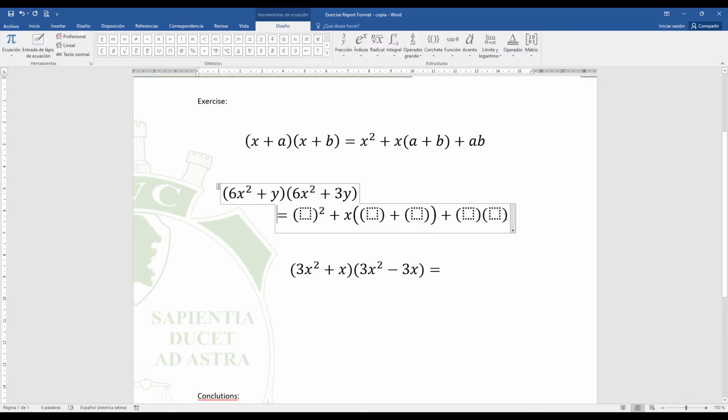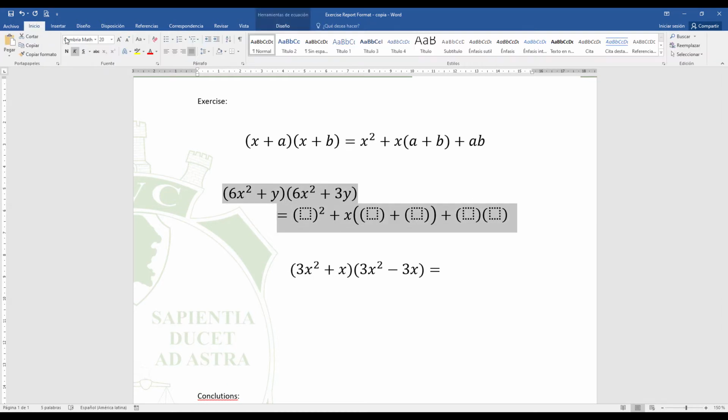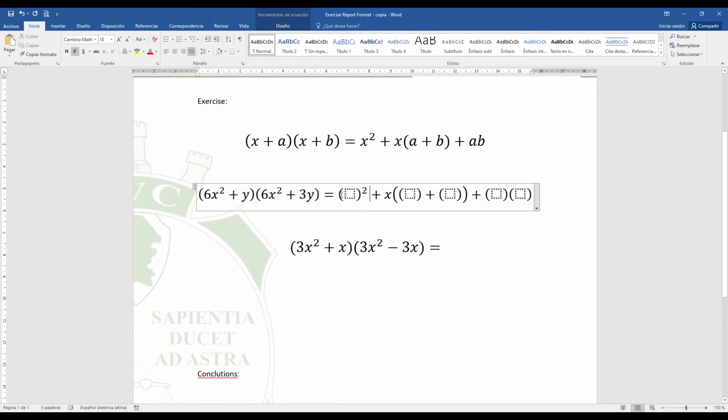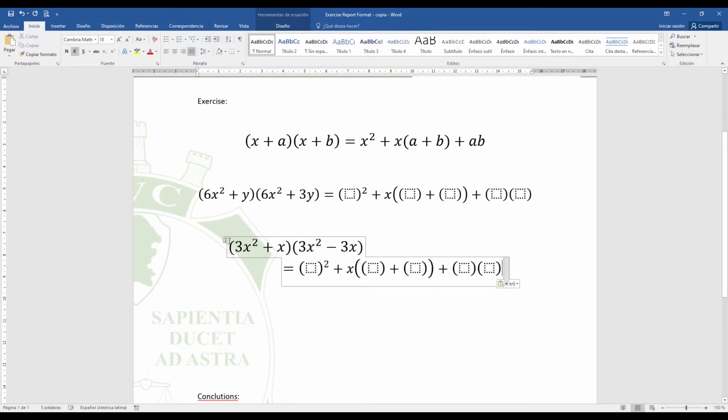Let me reduce the size a little. This is the same structure that we will use here.